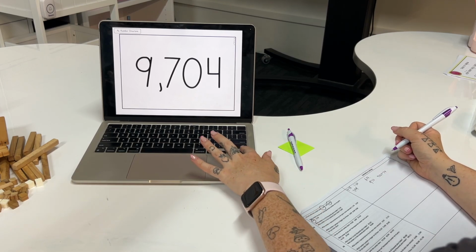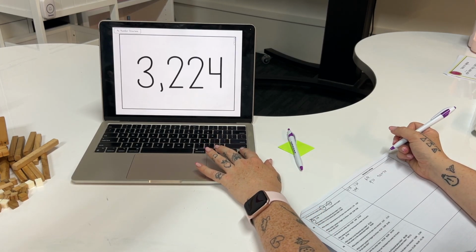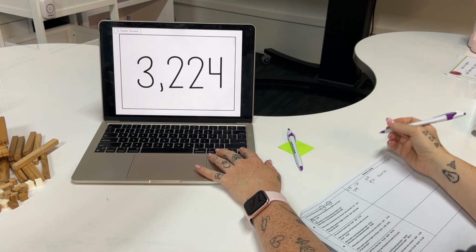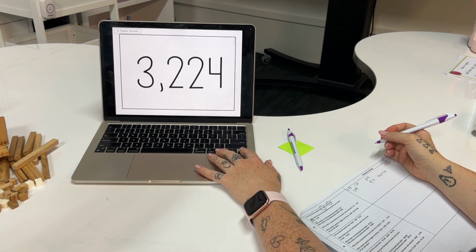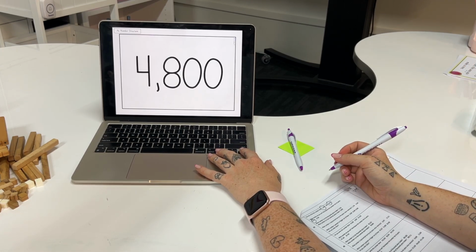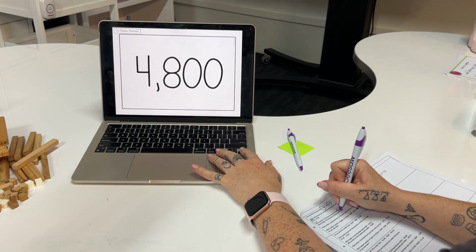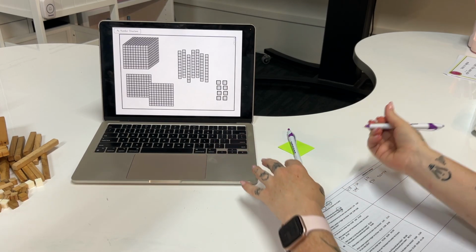Okay, awesome. Which one's in the thousands place here? I don't know. Okay. And then which one here is in the hundreds? 4. Cool.